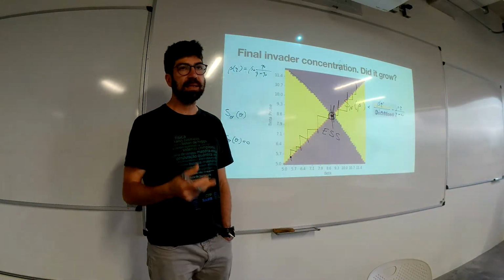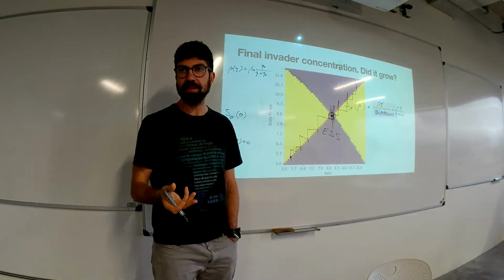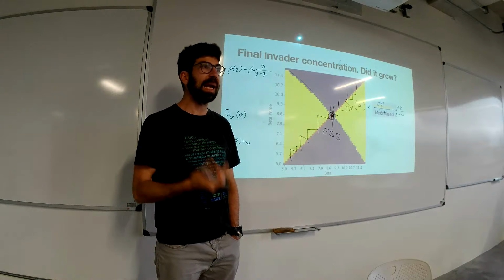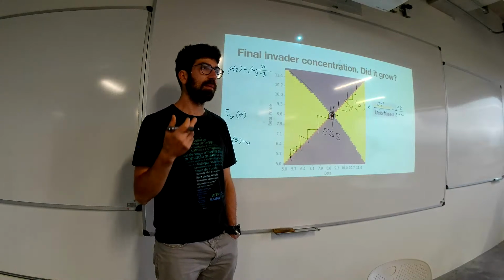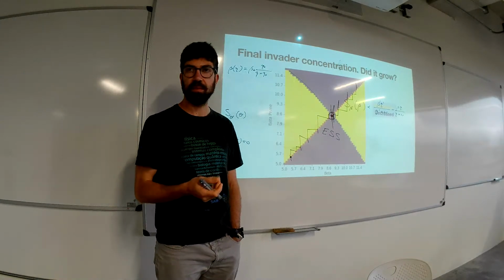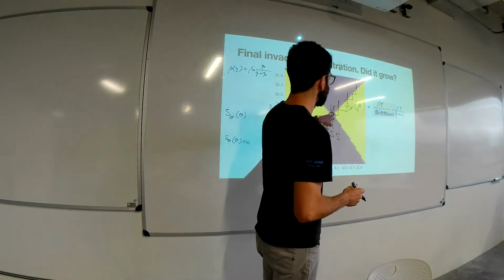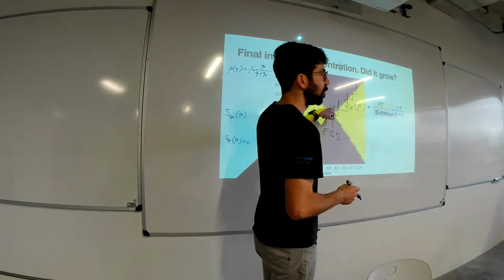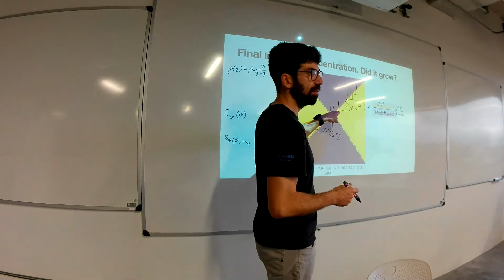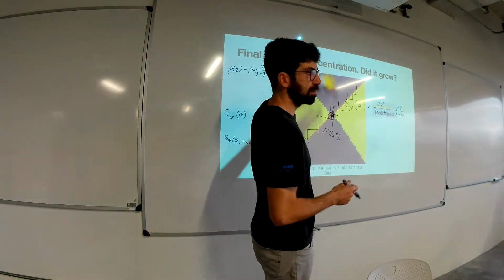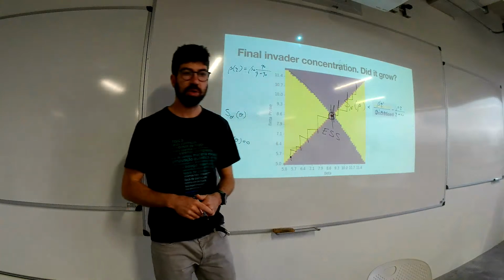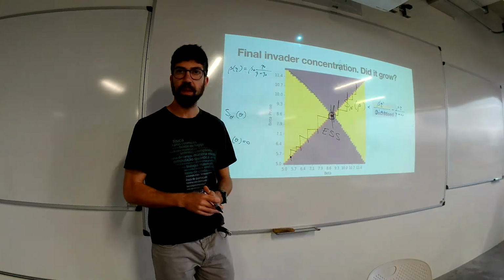The idea is that there are states, traits, values, that cannot be invaded by any mutant. To be more precise, this is a local thing. We are assuming that we are here and there is no small mutation that can invade it. In this case, it's global: whatever mutation you try, it doesn't invade.